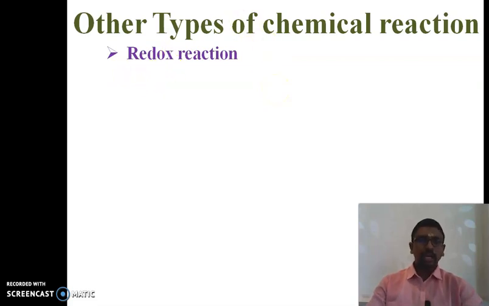Reduction means addition of hydrogen and removal of oxygen, or gain of electrons. And oxidation means addition of oxygen and removal of hydrogen, or loss of electrons.